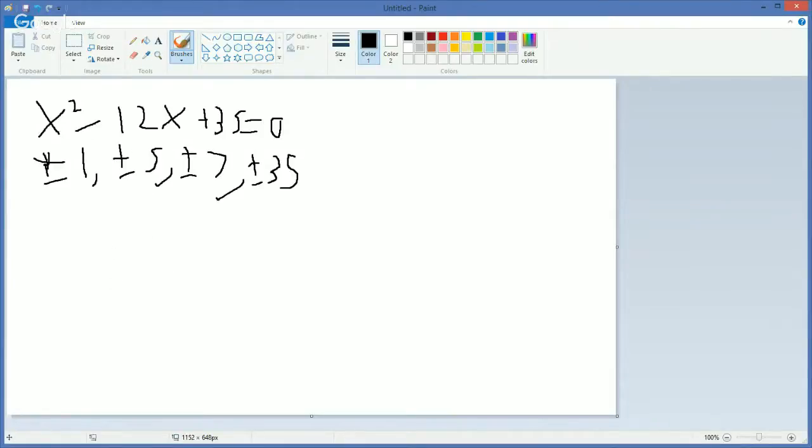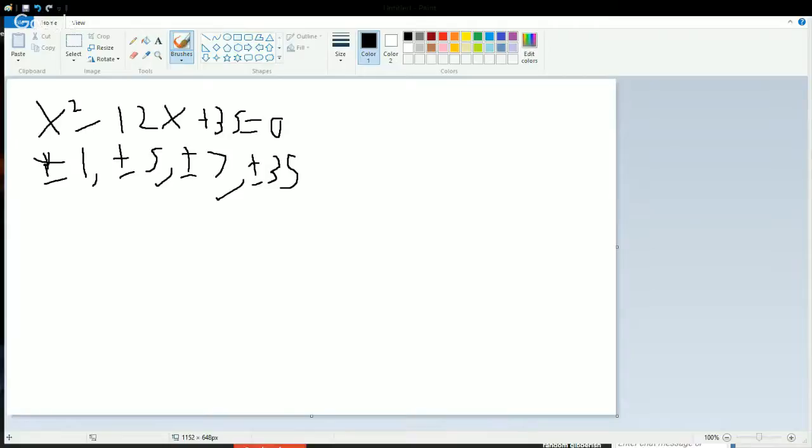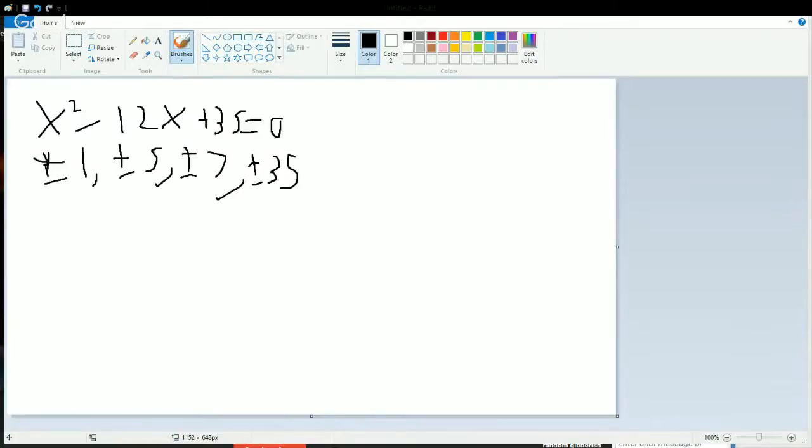So just let me grab a calculator to show what we're doing here. So that's going to be negative 5. Where's the negative button? There we go. So negative 5 squared minus bracket 12 times negative 5 bracket plus 35.